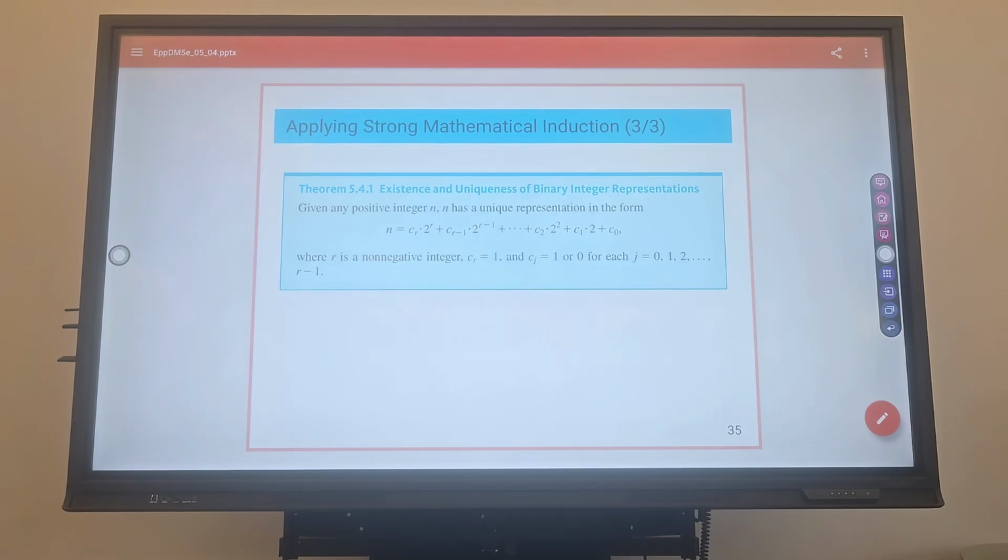So, yeah, each positive integer has a unique binary representation.